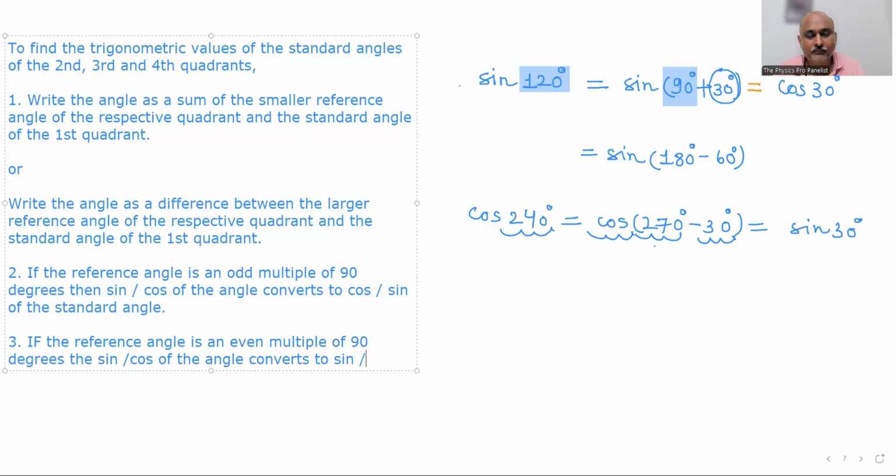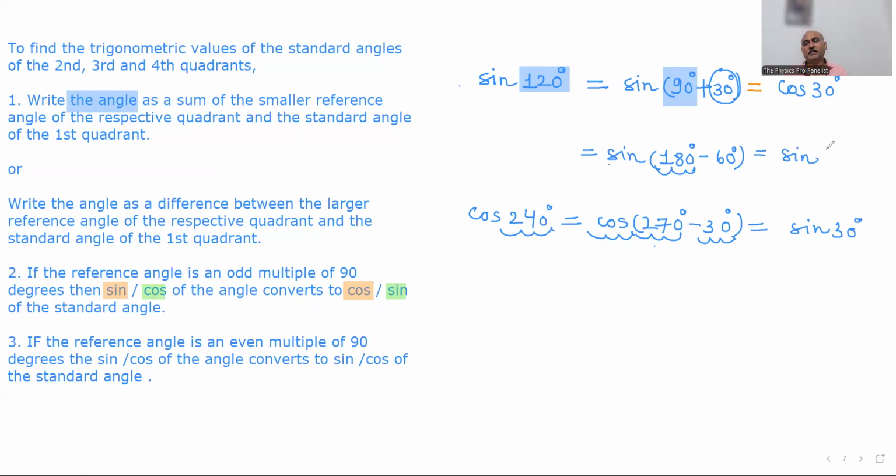So whatever is the function, it remains the same, of the standard angle, right? Now I will just explain it to you here. Since it is an even multiple of 90, sine will convert to sine of the standard angle. Here it will be cos of the standard angle. I hope all of you understood this.